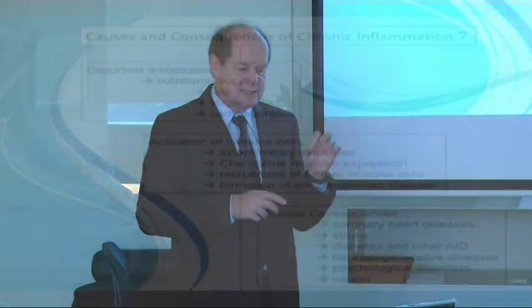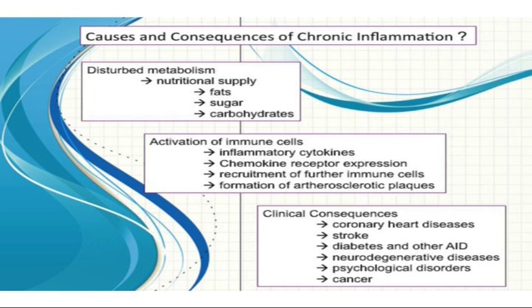And this has been shown, for instance, to cause atherosclerotic plaques, but it is also closely related to diseases like coronary heart disease, stroke, diabetes, neurodegenerative diseases, psychological disorders, and last but not least, can cause cancer.